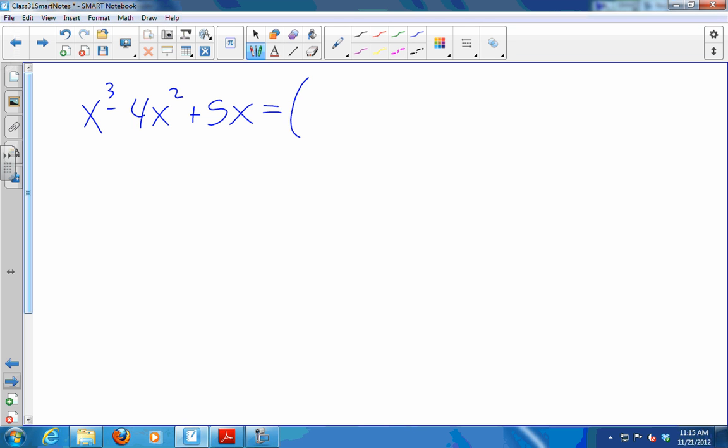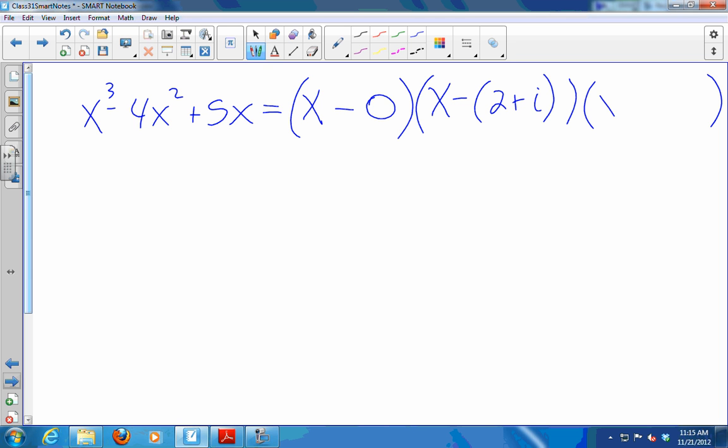I now know that I can write it as a product of 3 linear factors, and it's always x minus your zero, right? 0 is one of my zeros. 2 plus i is one of my zeros, and 2 minus i is one of my zeros.